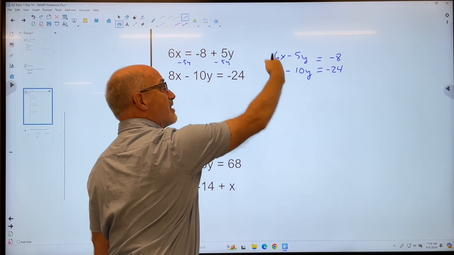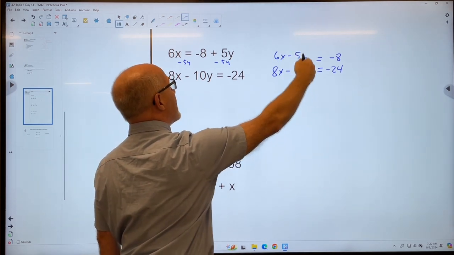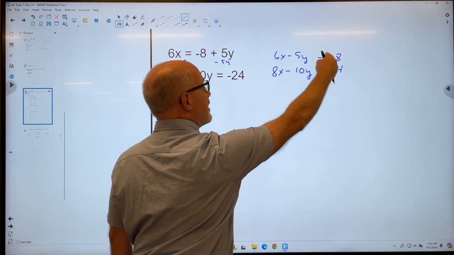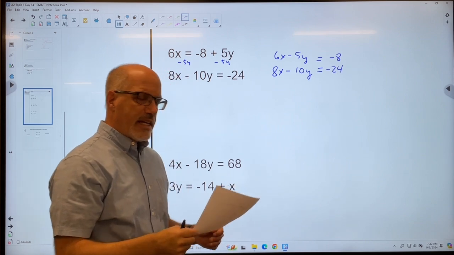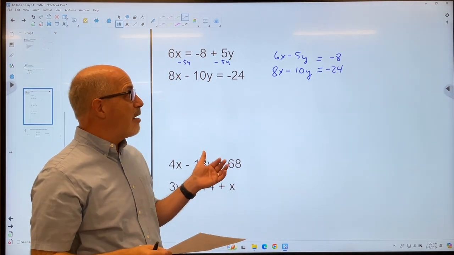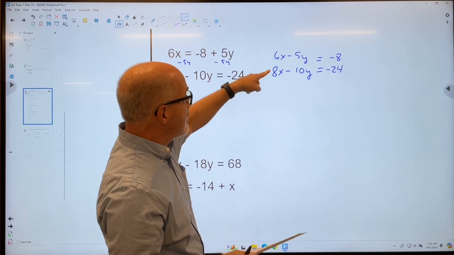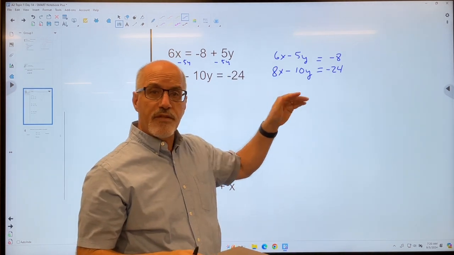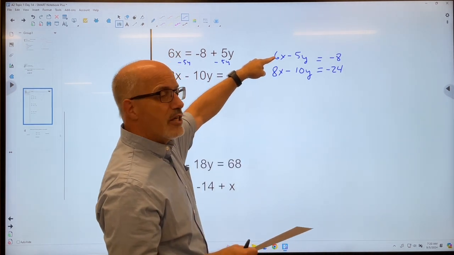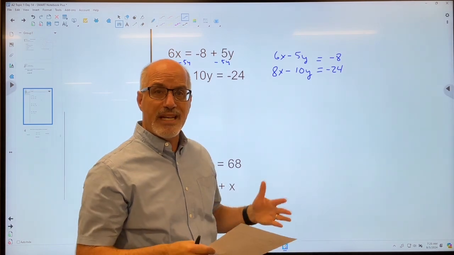Now I've got the x's lined up, the y's lined up, the equal signs lined up, and the numbers lined up. So the next step will be to get them to be opposites. That's step 2. Well, I could get the x's to be opposites by going to 24. I can multiply the top equation by 4 and the bottom equation by negative 3.